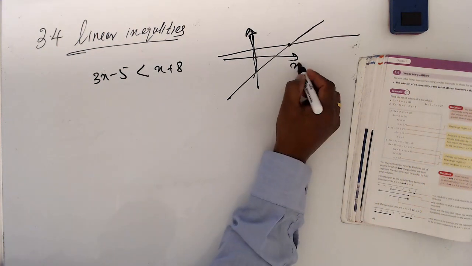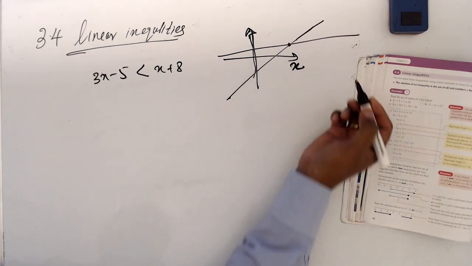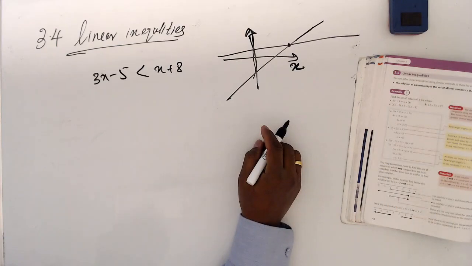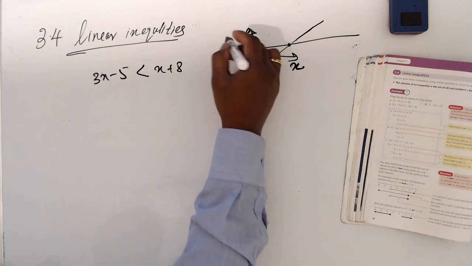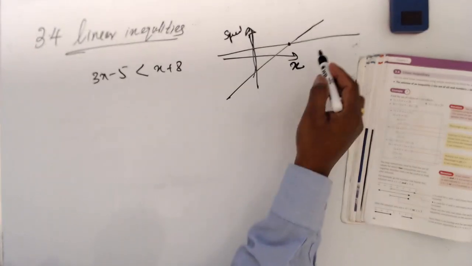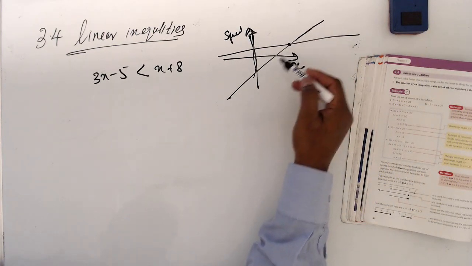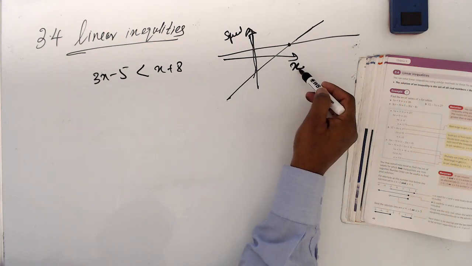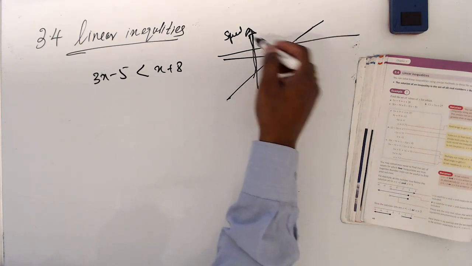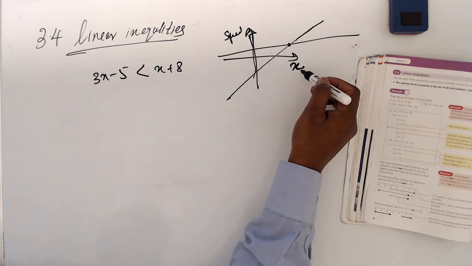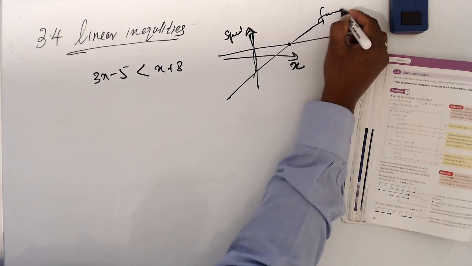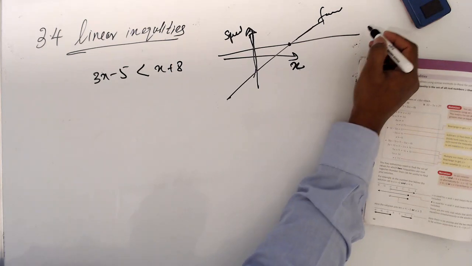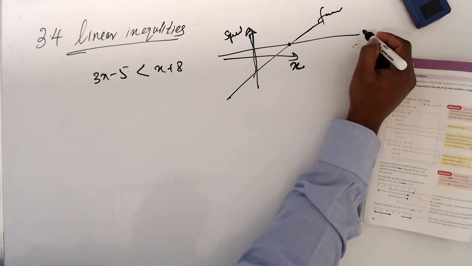So x is, let's say, the speed, and y is the fuel consumption: this is fuel consumption versus speed for a Ferrari, and this is for a BMW.